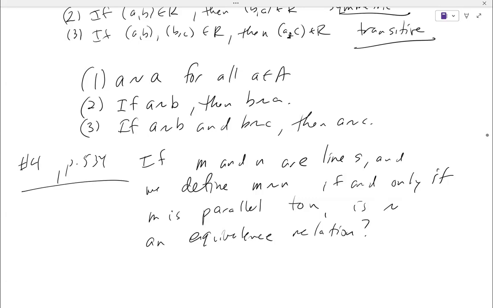Yes. So that would be transitive. So the question is whether it's reflexive. What does reflexive mean in this context? They'd be the same line. The line has to be parallel to itself, right?